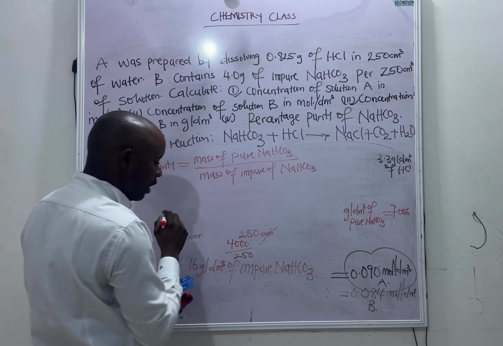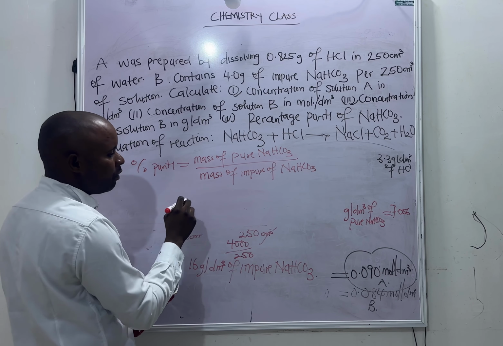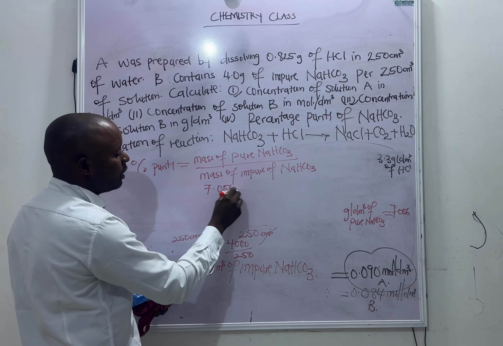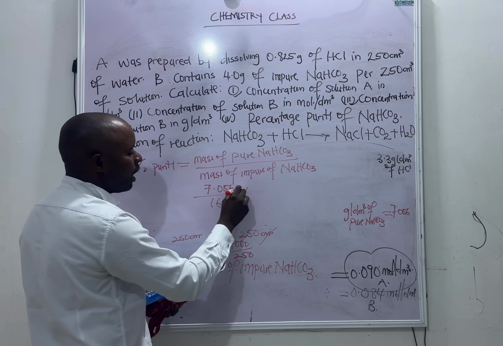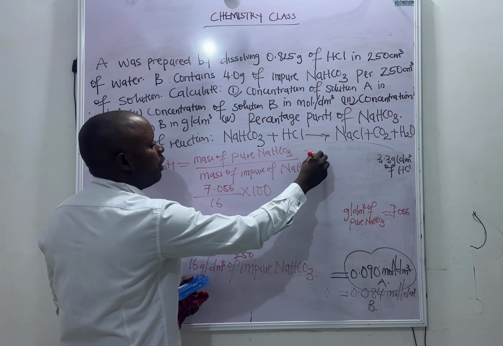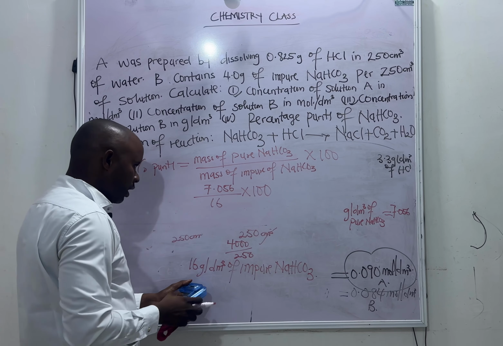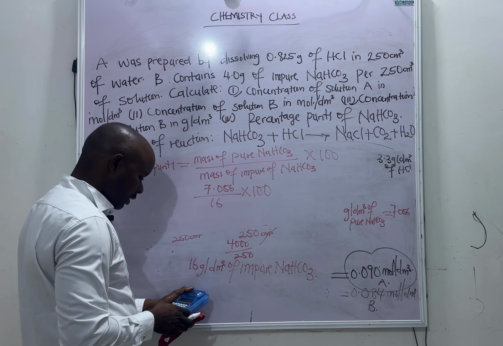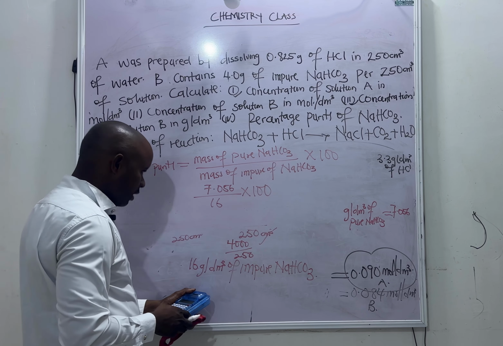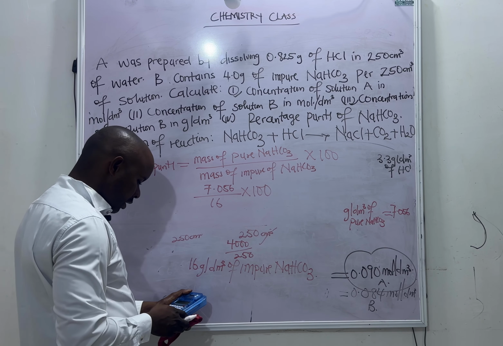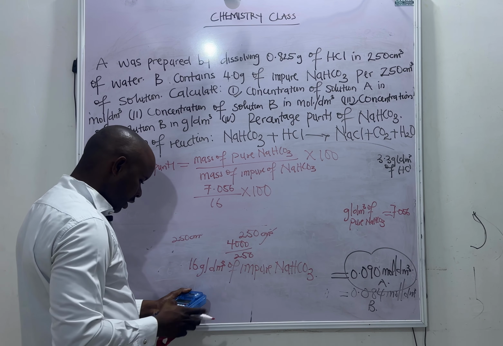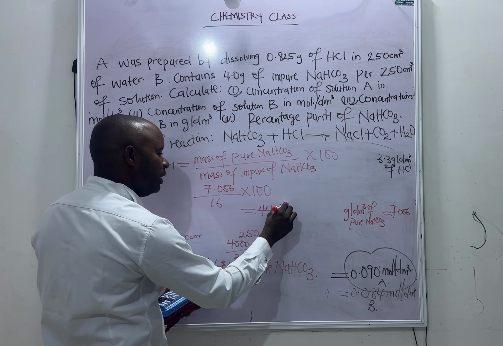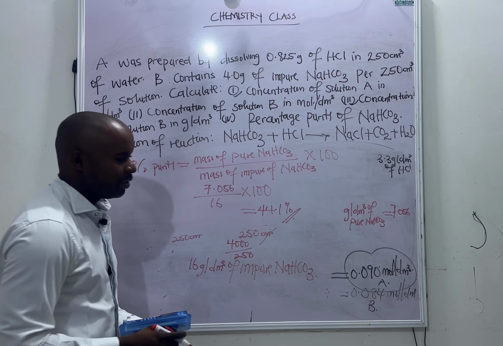That is to say, we're going to have pure is 7.056 divided by 16 times 100. So we have 44.1% of this.